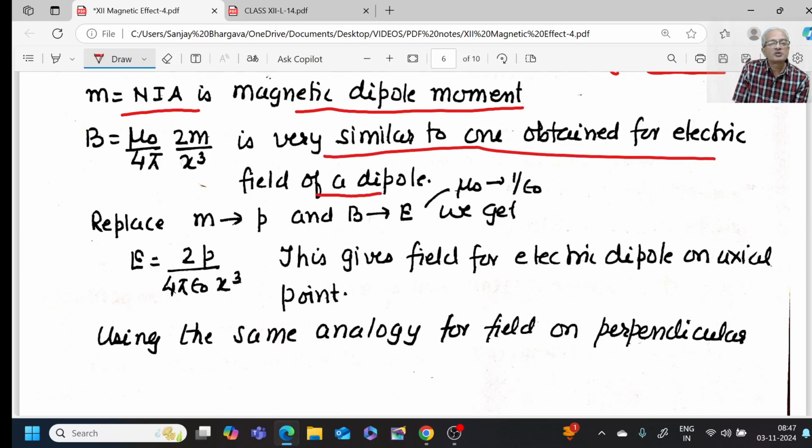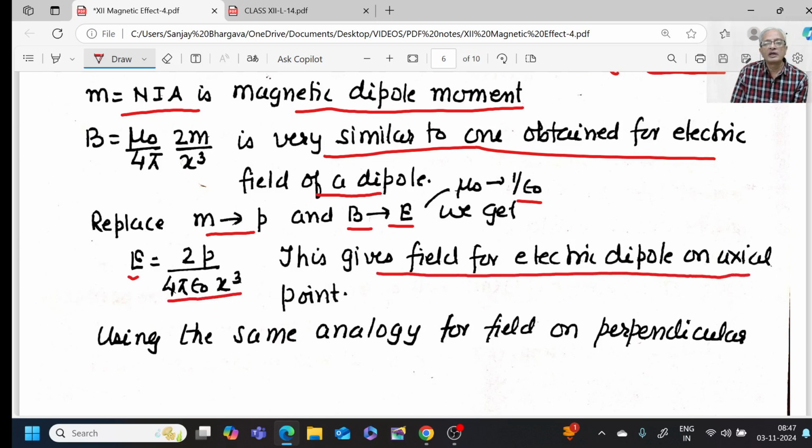Now just replace small m by p, magnetic field by the electric field, and mu 0 by 1 upon epsilon 0. So we get the relation E would be equal to twice p upon 4 pi epsilon 0 x cube. This gives the electric field for the electric dipole on an axial point.